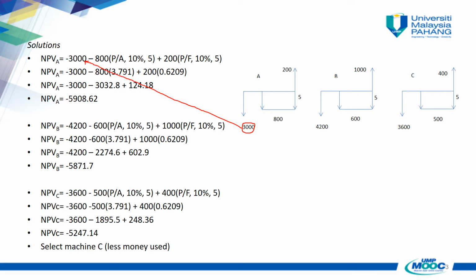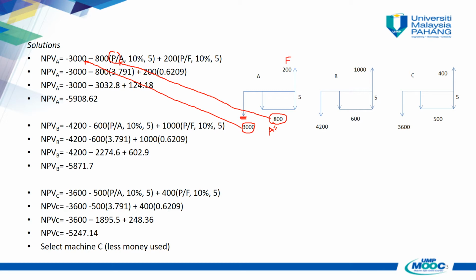This will become our P. However, the 800 is an A value, so we need to convert it back to P. We call this finding P when we know the A, for 10% interest rate at 5 years, plus the 200. This 200 is our F.